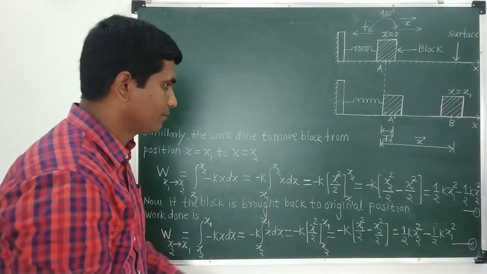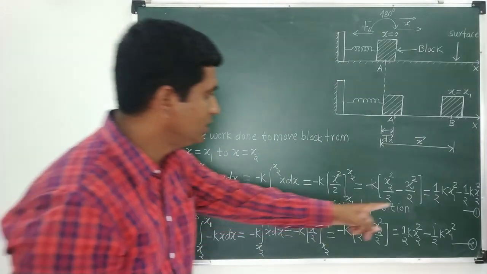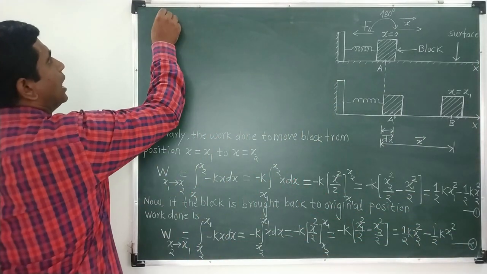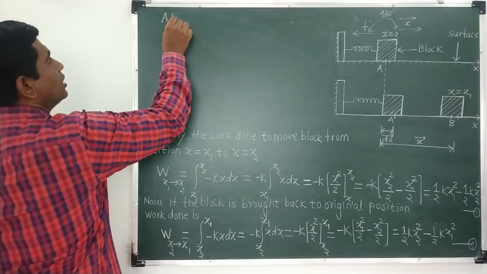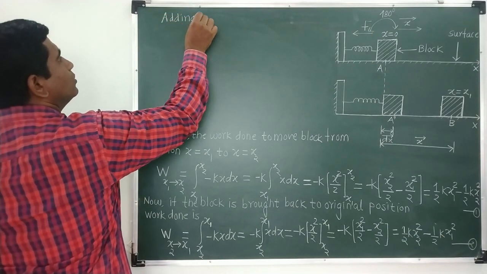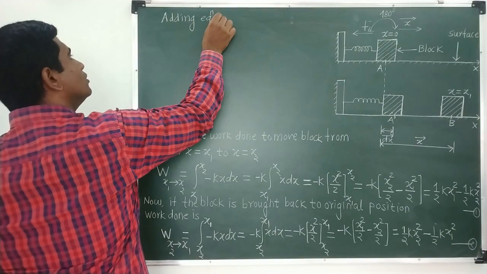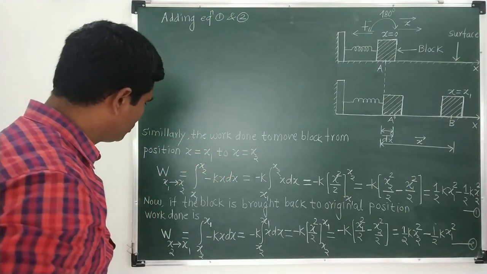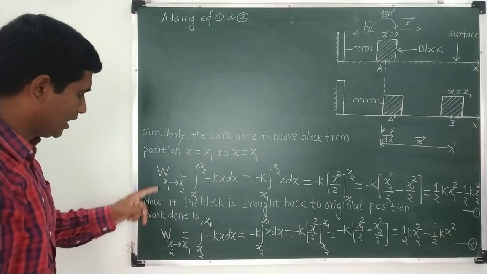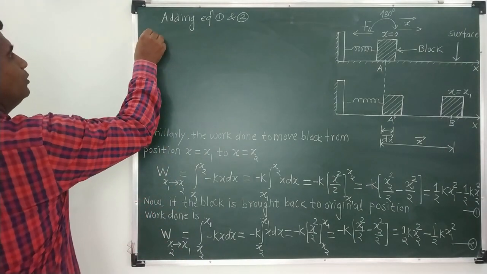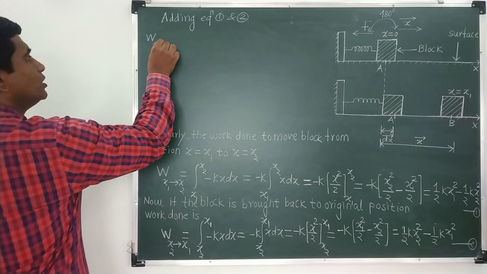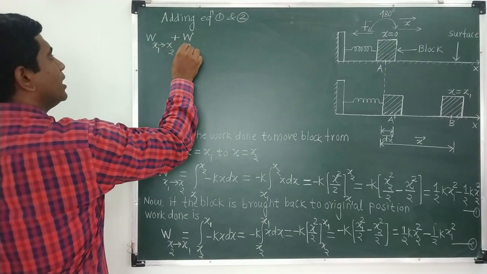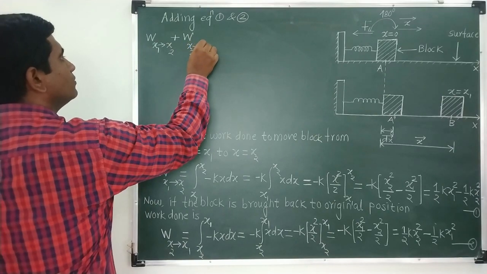Then if we add these two equations, equation 1 and equation 2, the LHS will be w from x1 to x2 plus w from x2 to x1.